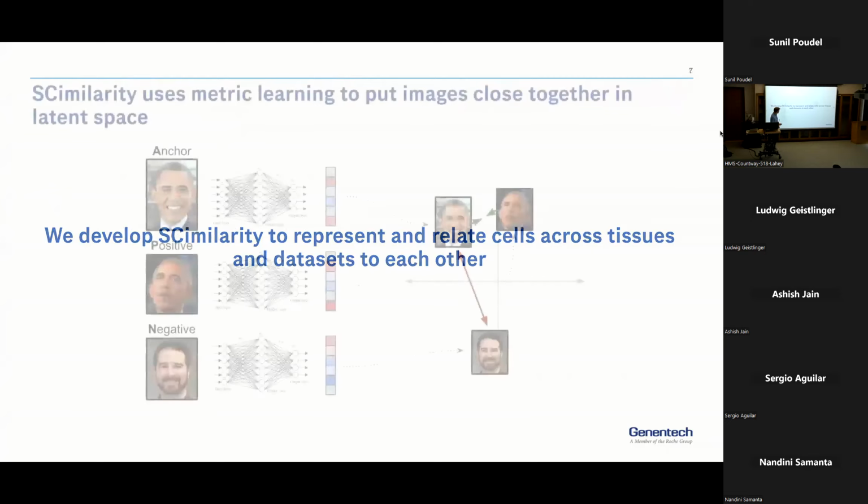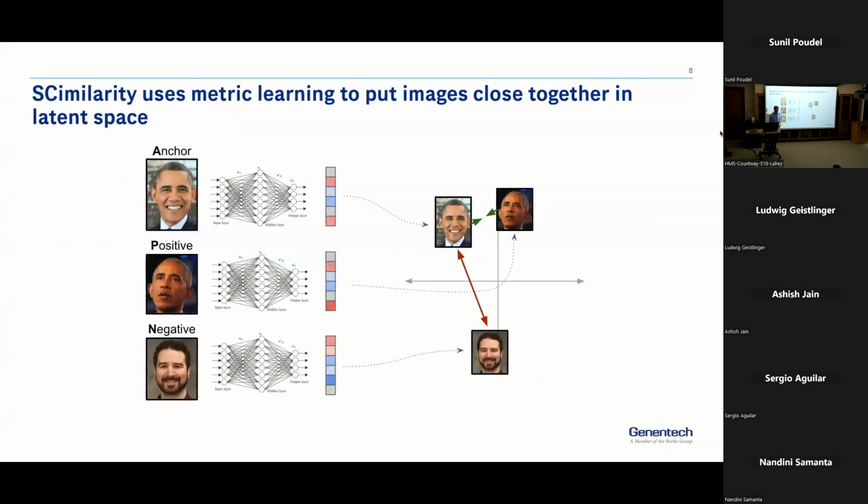SCimilarity is built on this concept called metric learning. Metric learning used to be used by Google for facial recognition. How these models are trained is you feed them 3 data points at a time: an anchor, a positive, and a negative.